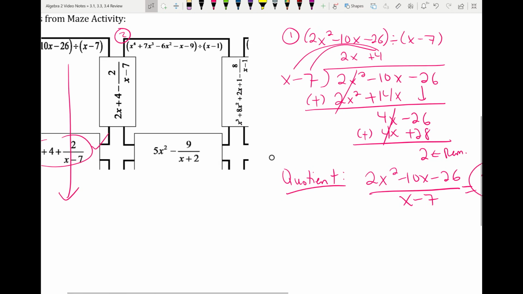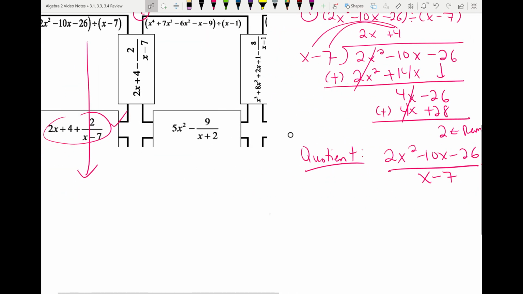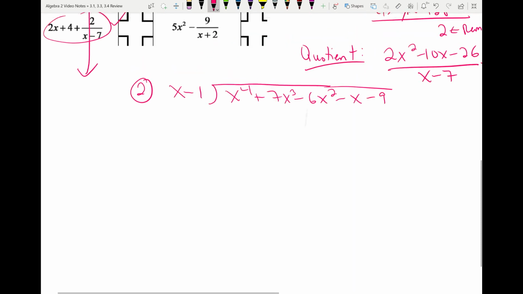That one's a little bit longer, more involved because there are more terms. So let's do that over here.